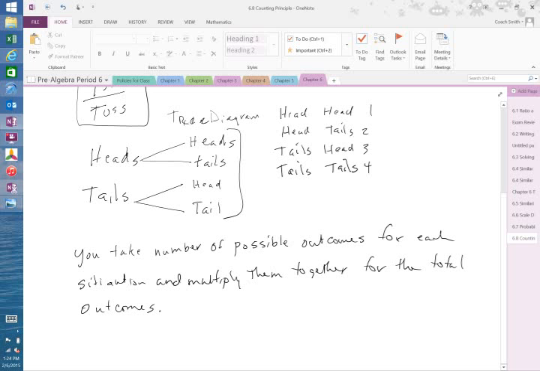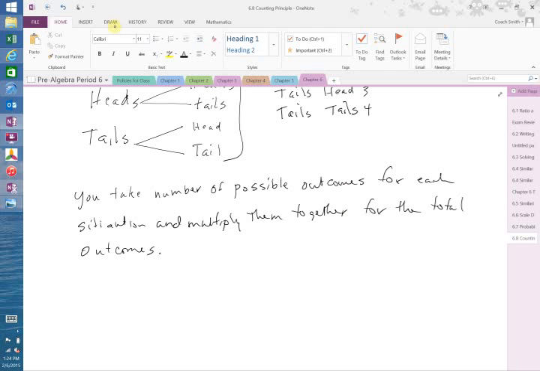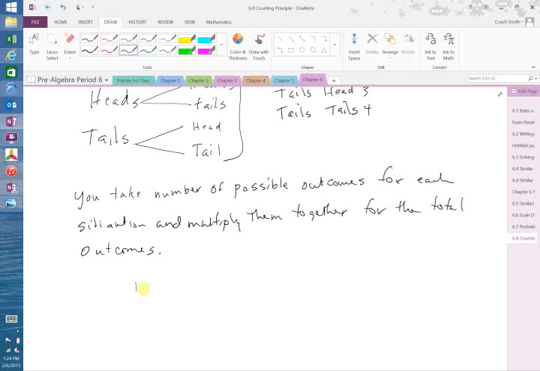So if we use our flipping the quarter, we have the first toss and the second toss.